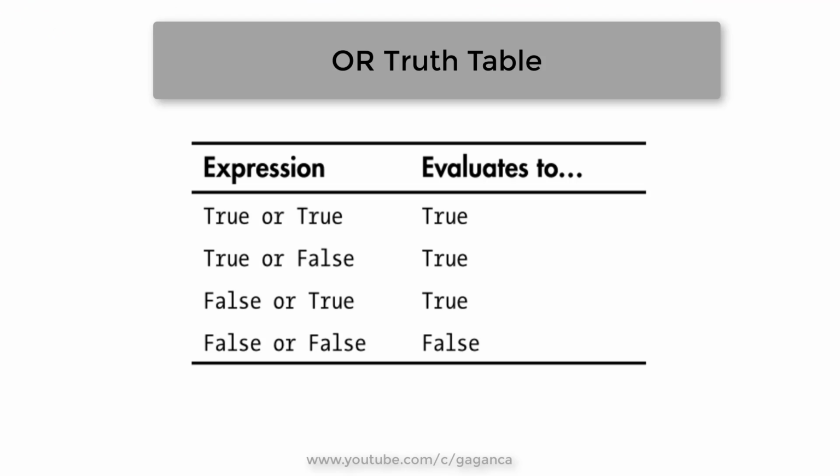This is the truth table for the or Boolean operator. Here the expression will be evaluated to true if any of the values in the expression is true. It will be false only when all the values in the expression are false.